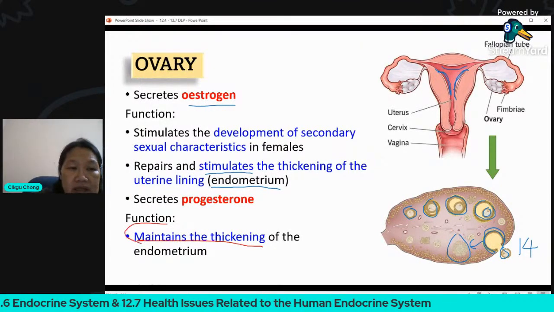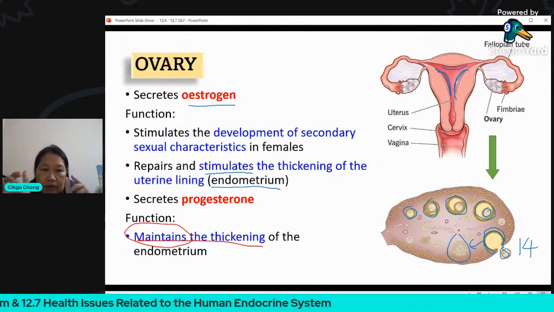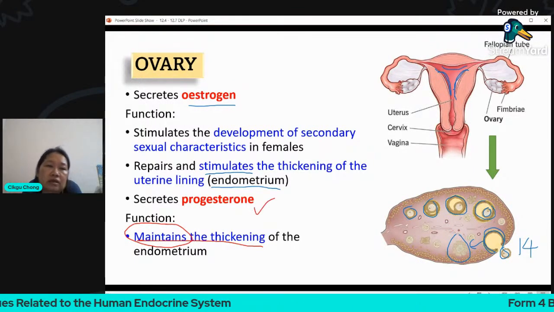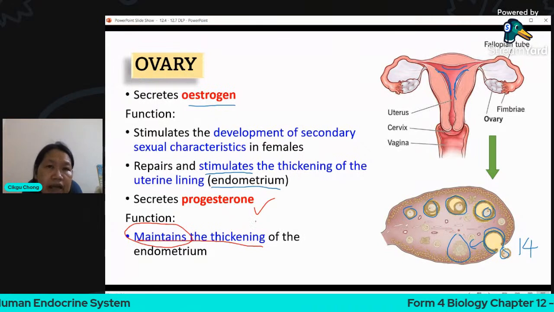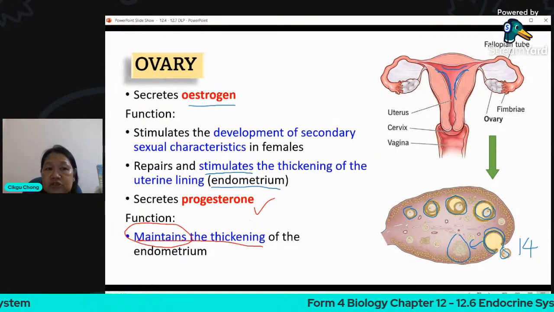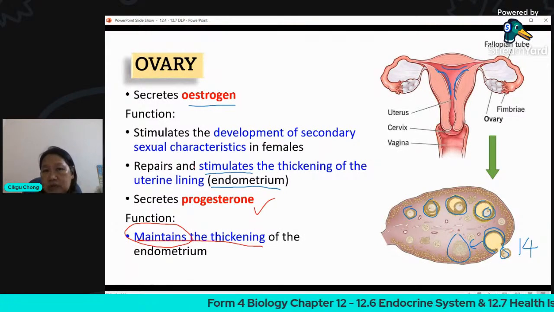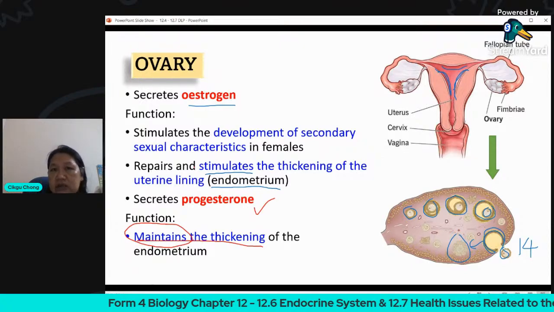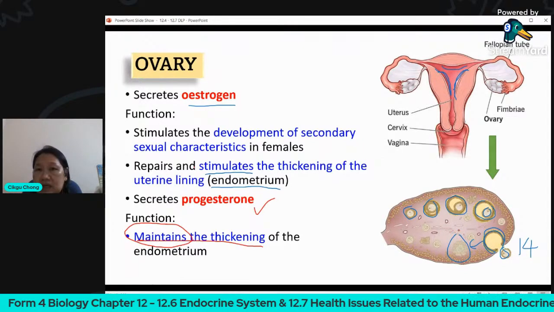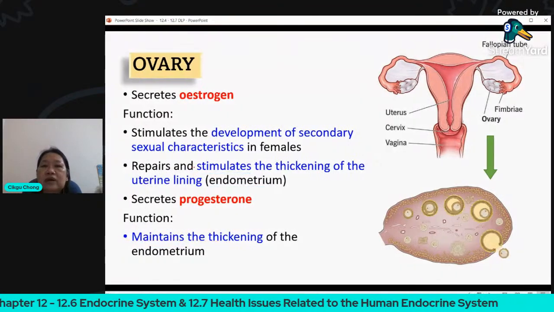So when you see the word maintaining the lining, it is probably progesterone. See the keywords.